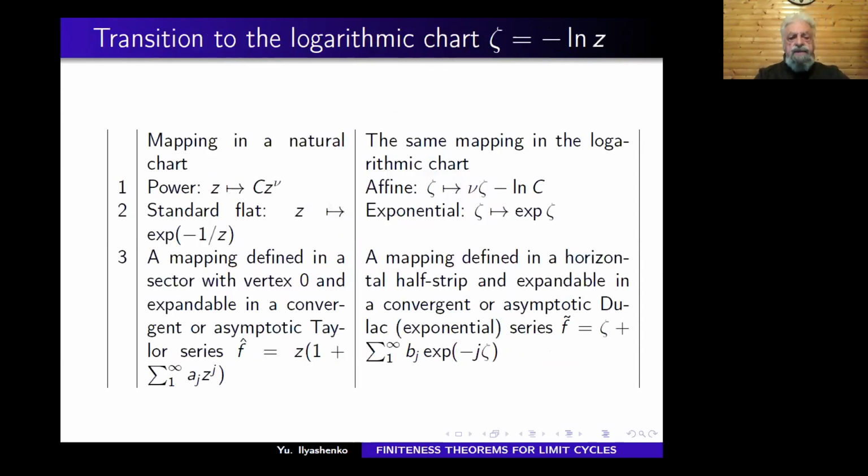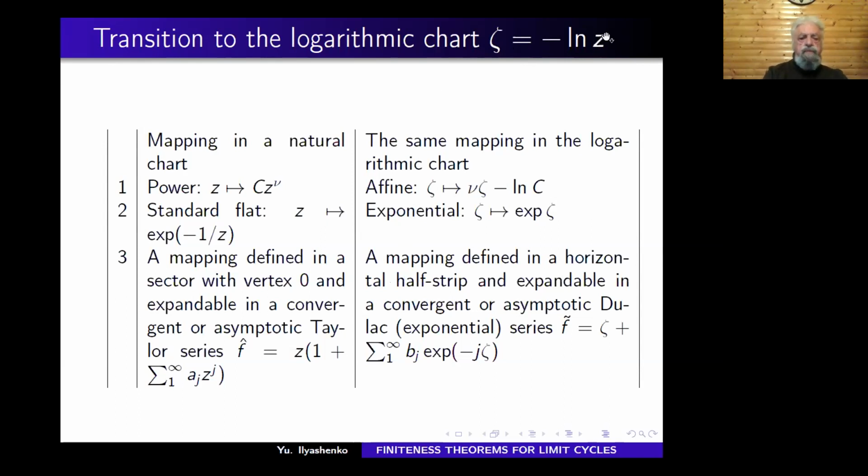Now I say some elementary things about the transition to the logarithmic chart. I recall to you that the logarithmic chart is written in the head of the frame. It is zeta equal negative logarithm of z.